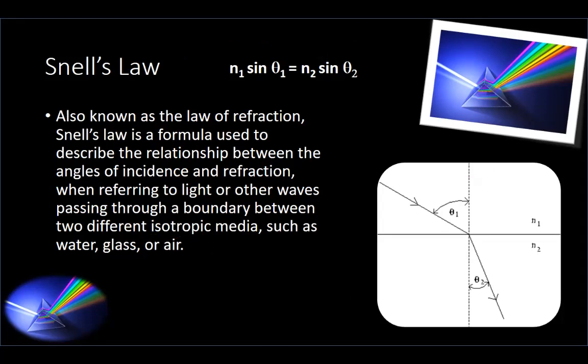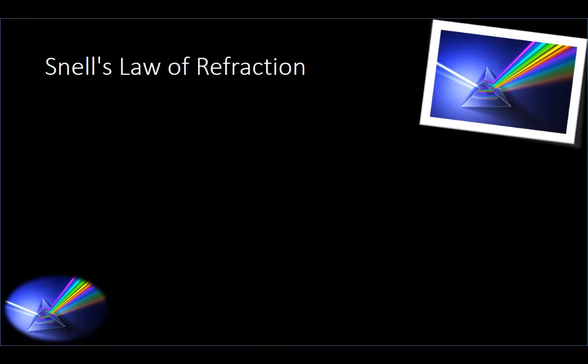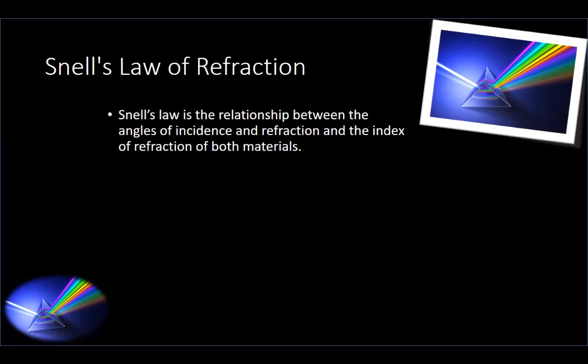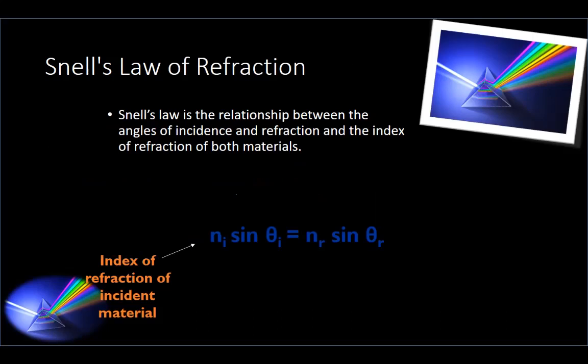Okay, so let's go ahead and try some Snell's law. Snell's law, again, is the relationship between the angle of incidence and the angle of refraction based on the index of refraction for both materials in the equation. Here, n1 is the index of refraction for the incident material, and theta 1 is the angle in degrees for the incident material.